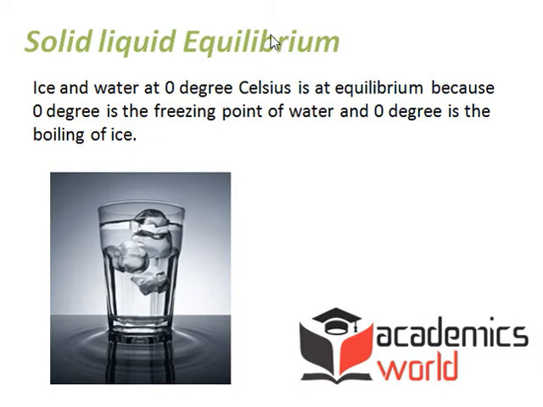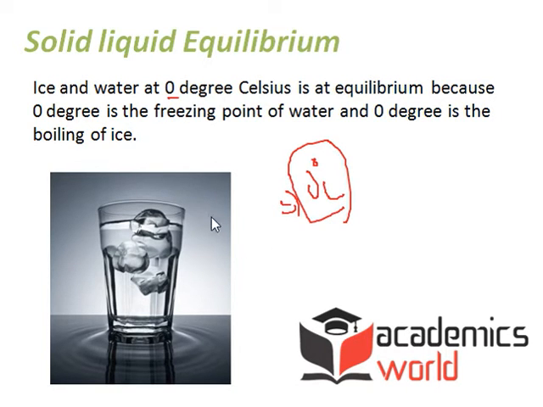Now we come to solid liquid equilibrium. I'm giving you one example: ice is floating on water at 0 degrees Celsius. Please note the temperature is 0 degrees Celsius. If you put ice in water in a glass, as given here, you will see that the amount of ice and water remains constant. How is this happening?